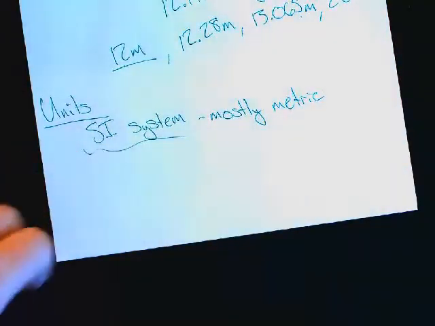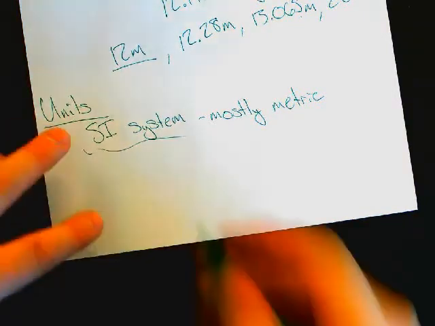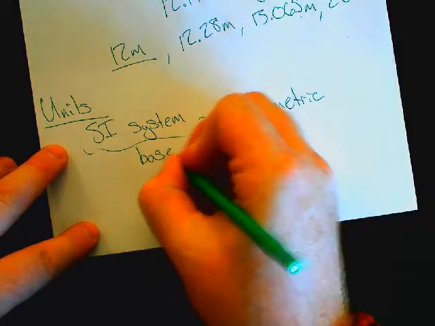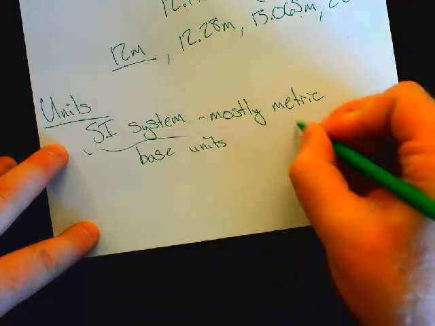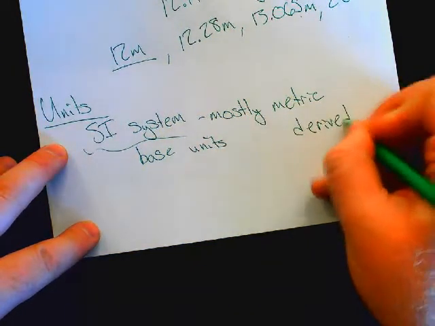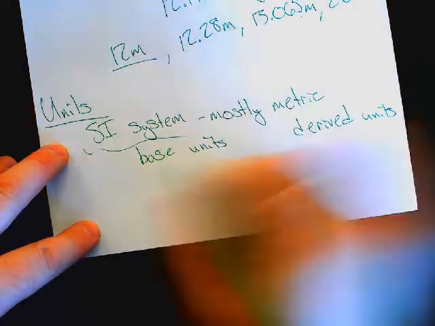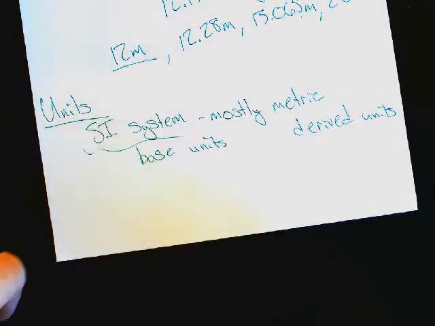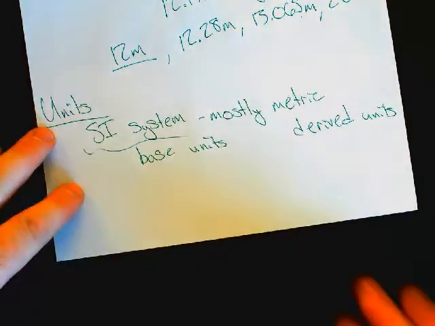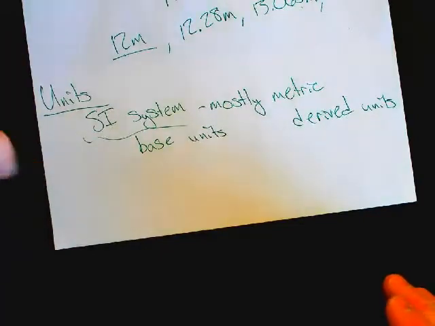Okay? In the SI system, we have two types of units. We have base units, and we have derived units. What is a base unit? Give me an idea. What would a base unit be?